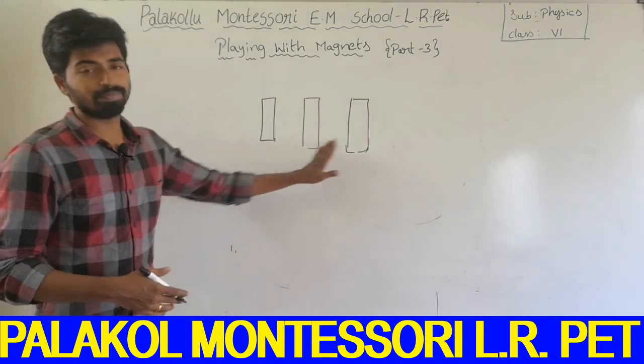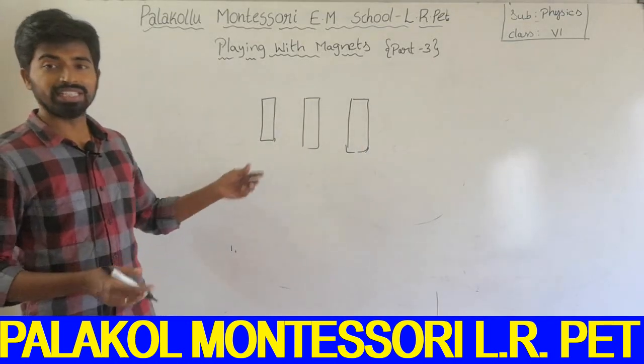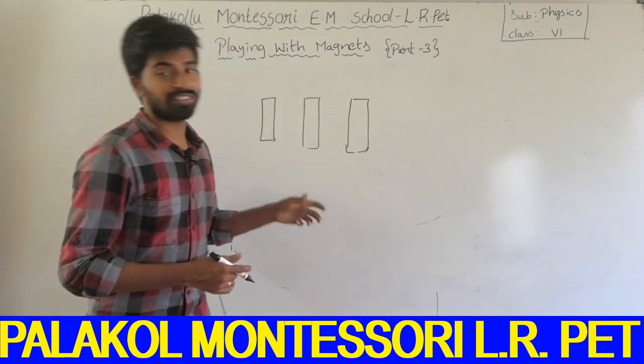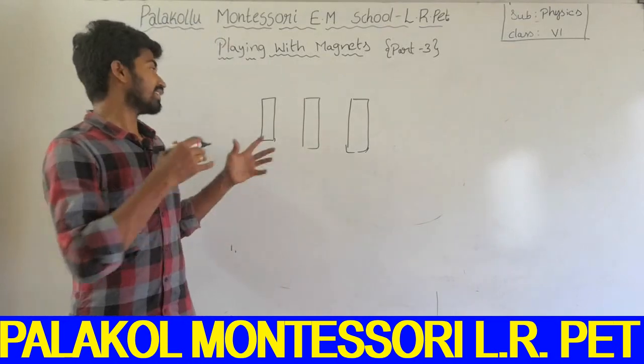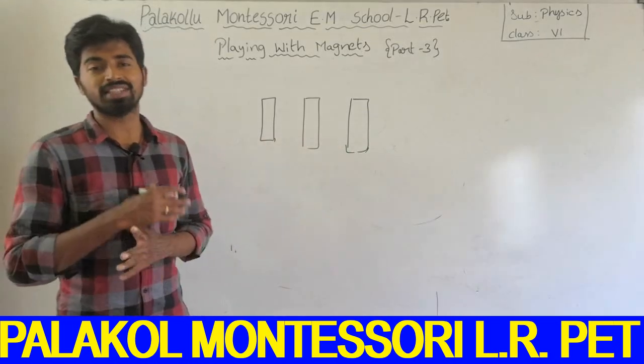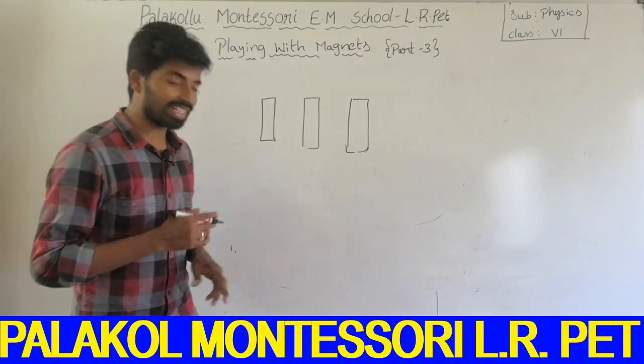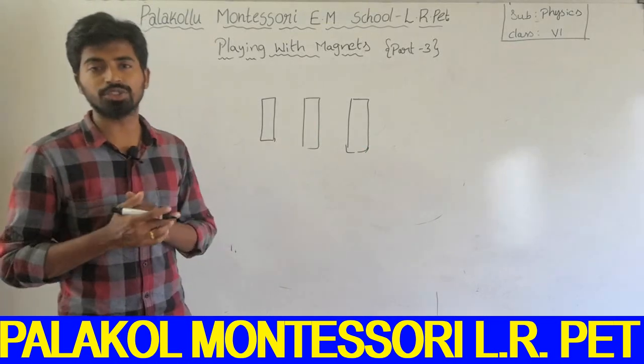These substances don't have any colors or any signs denoting the poles. These three objects look the same, and they don't have blue and red colors to distinguish the poles.